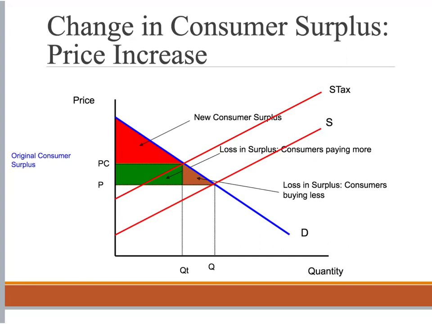As a result of this higher price, due to the implementation of the tax, quantity demanded falls from Q to QT, as opportunity cost of the consumption of this product rises. The green area represents the consumer's incidence of tax, while the brown triangle represents the loss of consumer surplus as consumers pay higher prices for lower quantities.